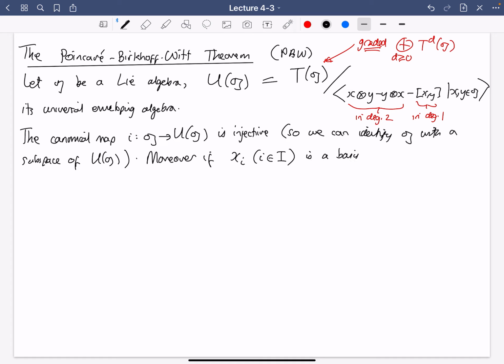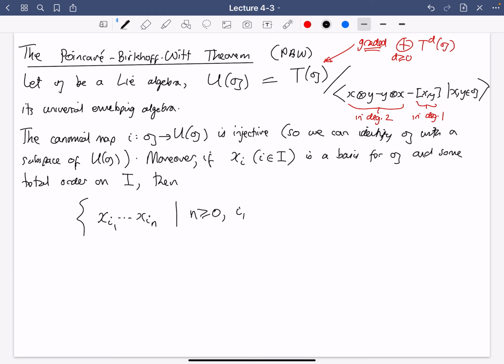But if you've got some basis for G and some total order on the index set I, then the ordered monomials x_{i1} up to x_{in}, for all n greater or equal to 0, with i1 up to in in the index set in order, so i1 is less than or equal to in in that given total order, this is a basis for the universal enveloping algebra.